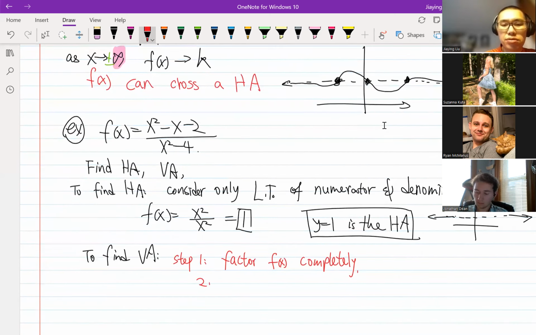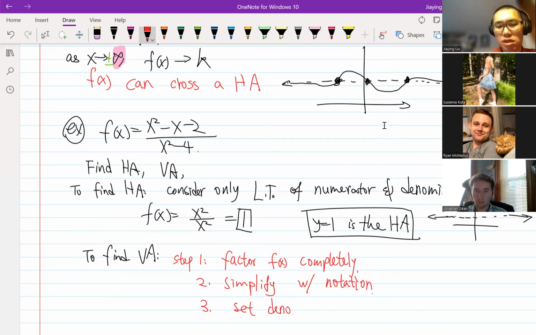And step 2, simplify with notation, because there's something we need to pay attention to when we simplify. I'll explain what that means. And step 3, we're going to set the denominator equal to 0 after we simplify.